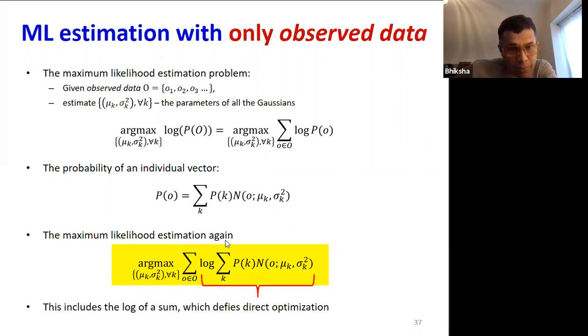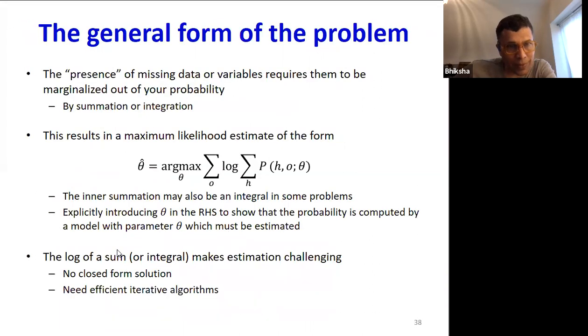And the summation happens because we are trying to marginalize out the Gaussian itself, because we didn't know which Gaussian the generative process actually selected in order to draw each observation. And anytime you have the log of a sum, then directly optimizing something of this kind can be very challenging, and in fact, best avoided.